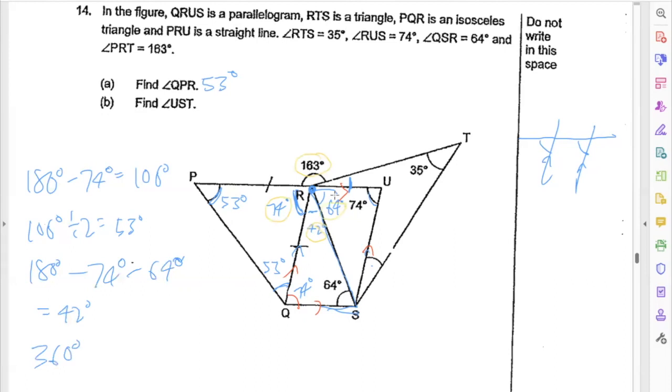I minus away these 4 angles, and I will get 17 degrees. So this is 17 degrees. If this is 42, this will also be 42. This is also 42. Now focus on this triangle.